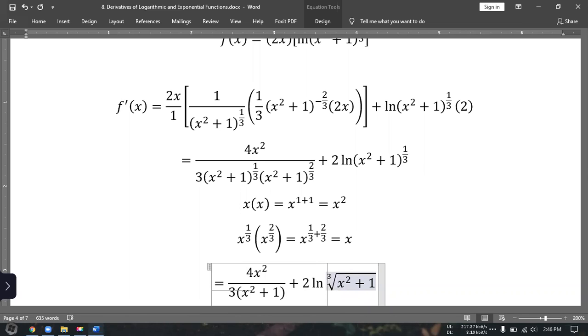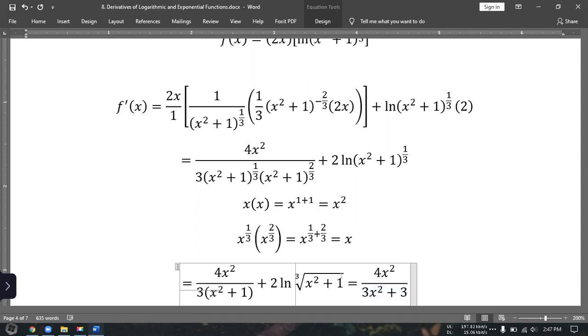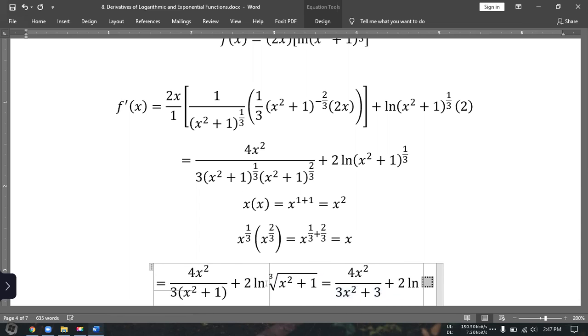So we have now our final answer would be 4x squared. We have 8x squared here plus 3 plus 2 natural logarithm of cube root x squared plus 1. That's it.